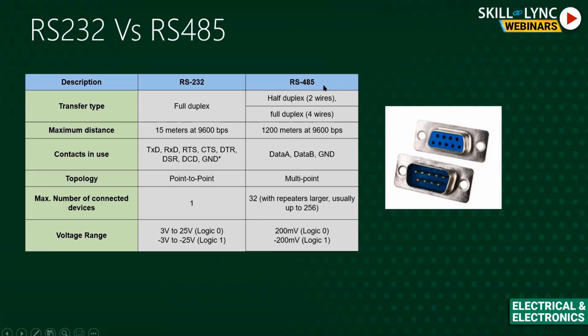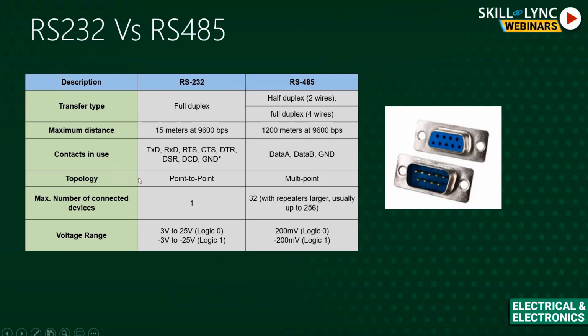That is the reason you have a voltage level range from 200 millivolt to minus 200 millivolt, and you have lines A and B. In RS485, half duplex and full duplex are both possible, where you have 2 and 4 wire configurations, and data A, B, and ground are used. Here in RS232, you will use RX, TX, and ground.